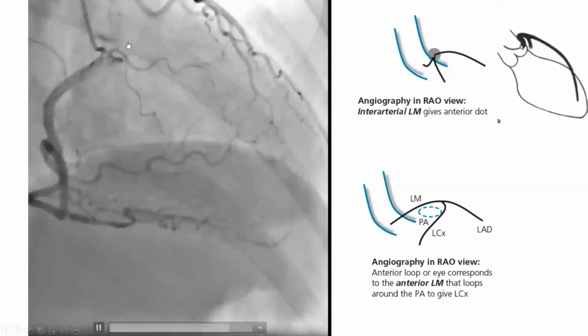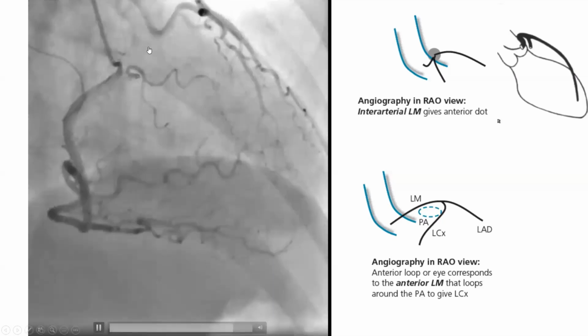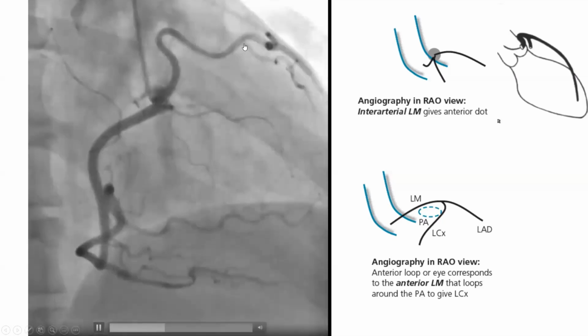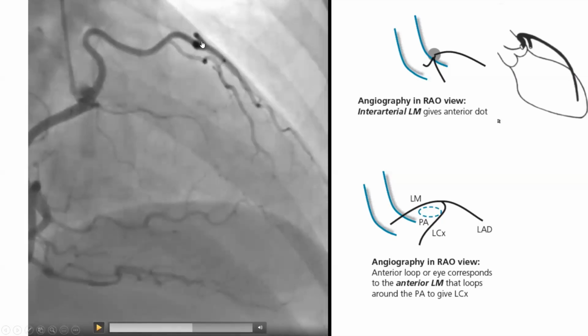So I don't see anything going in the AV groove here. So what you see is actually an LAD. Furthermore, in this RAO view, you have to define what is the LAD, what is the diagonal. Actually, the bigger one is a diagonal because it's hugging the heart silhouette border.